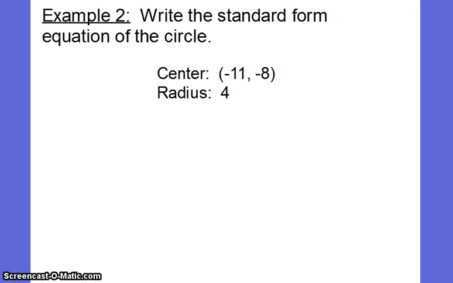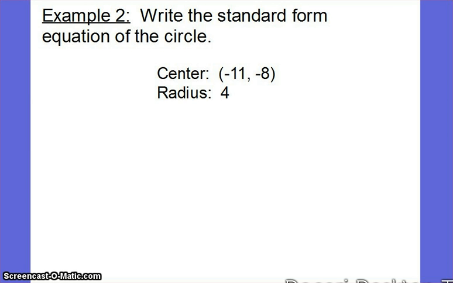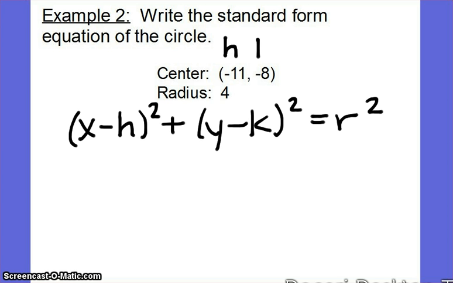The next example is actually a little more straightforward. You're writing the standard form equation of a circle. So if I go back to my original equation, this is standard form. I simply plug in h and k, and square r. So the center, there's h, there's k.